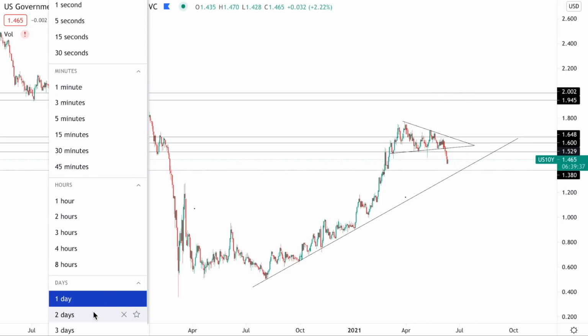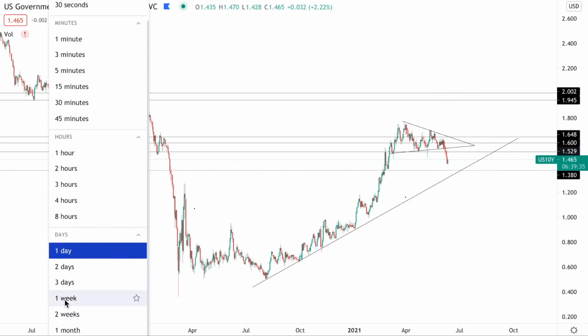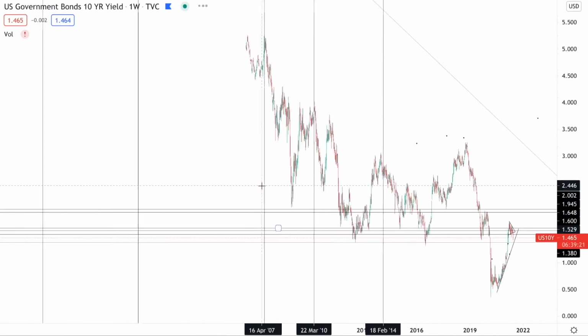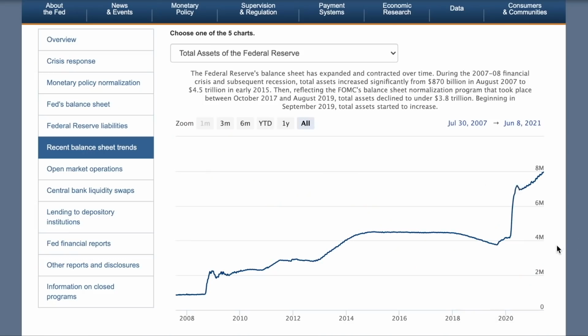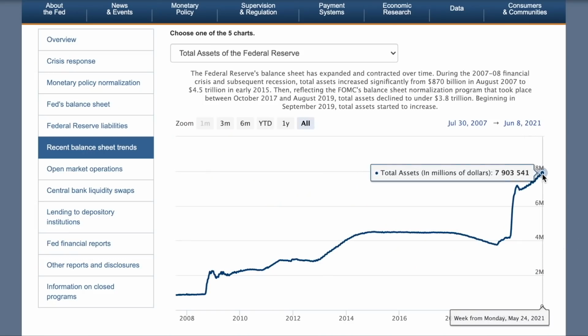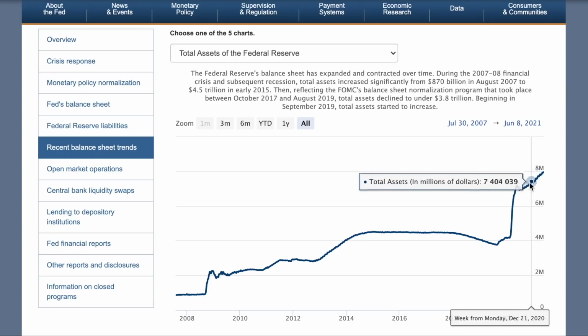And if we take a step back and take a look at the weekly chart and zoom out, you can see I've put a few vertical lines right here corresponding to significant tops in the market. The reason I've done this is to find out whether big tops in interest rates can happen with extremely loose monetary policy, right? Because right now we still have a huge expansion of the Federal Reserve balance sheet.